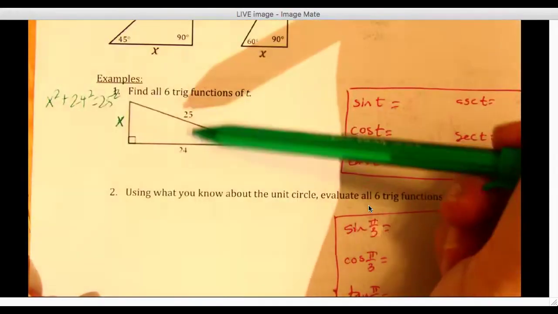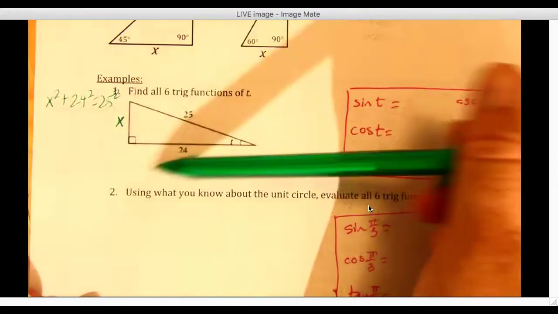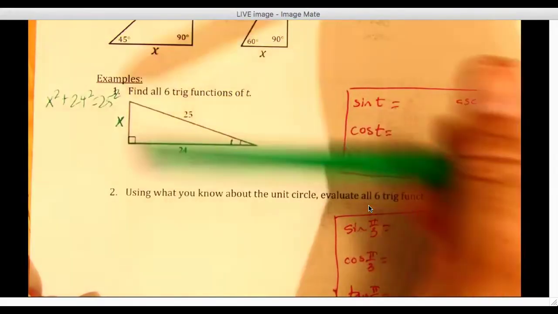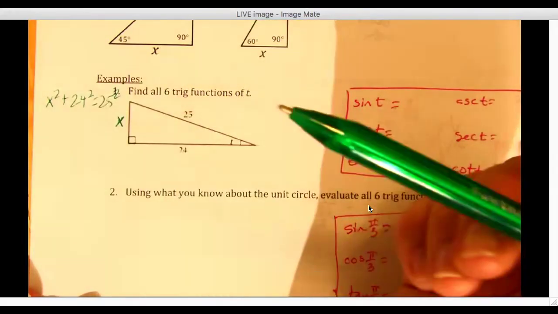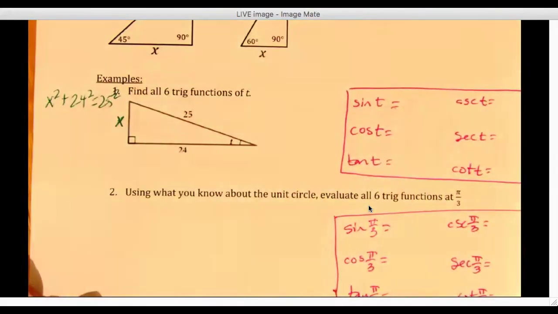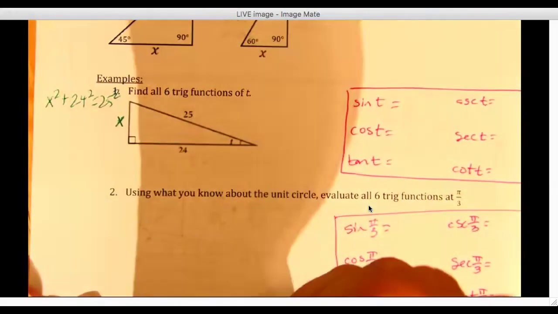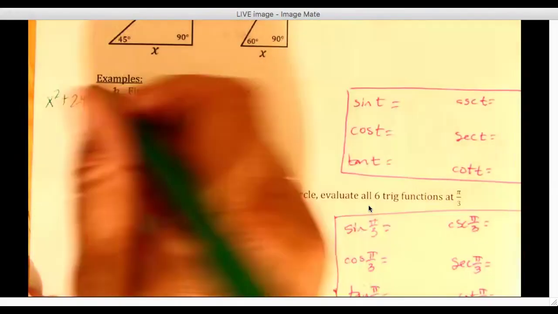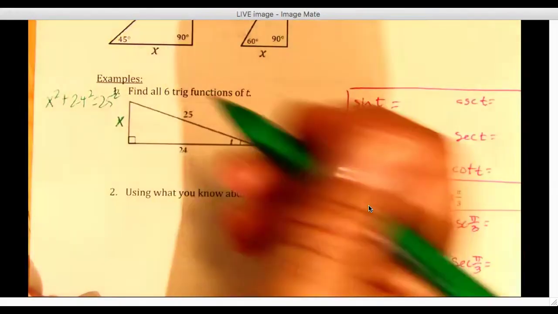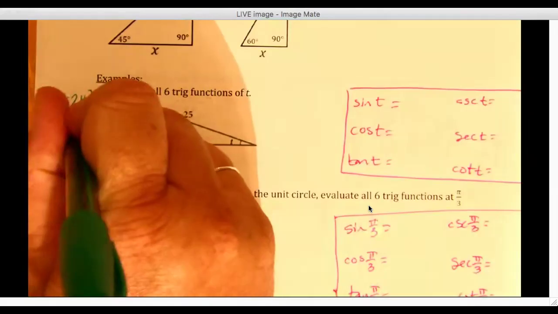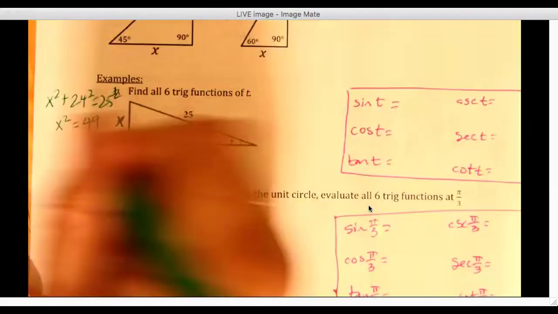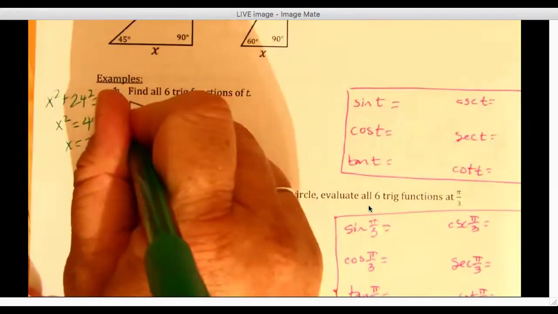And you might already know, if you observe this triangle and you know that this is a Pythagorean triple, you're welcome to use that fact here. You don't have to use the Pythagorean theorem, but I'm going to show you how to find it if you don't know that. And when we subtract 24 squared from 25 squared, we get x squared is equal to 49. So x is equal to 7.